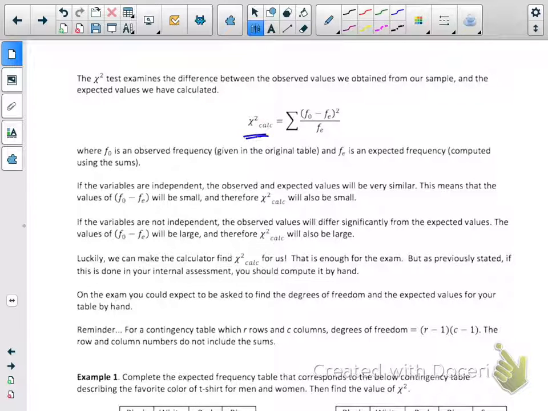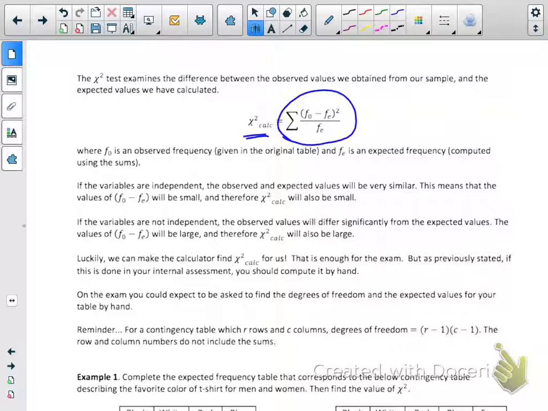So my chi-squared calculated, not the one that might be given to you, is computed by doing this. Now, what this means is it's going to be the sum of your observed frequencies minus your expected frequencies. So the ones that you typed into your calculator minus the ones the calculator computed, or minus the ones that you just computed by hand on the previous page, squared, divided by those expected frequencies.